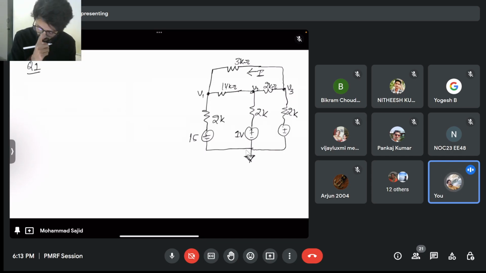And let's start first with using KCL. KCL is a nodal analysis in which you balance the currents, right?